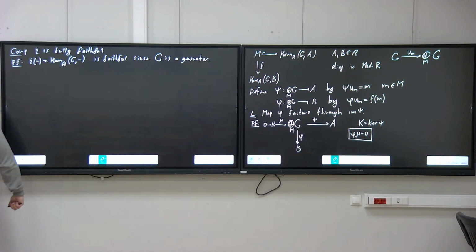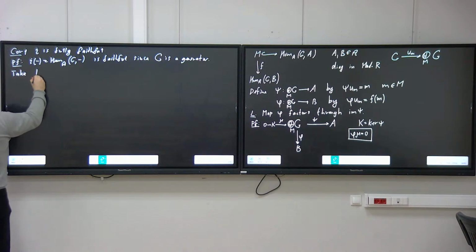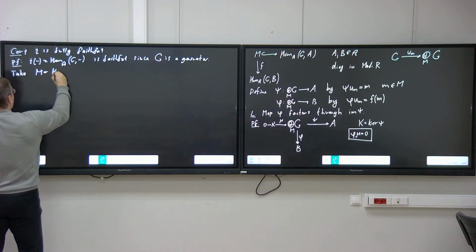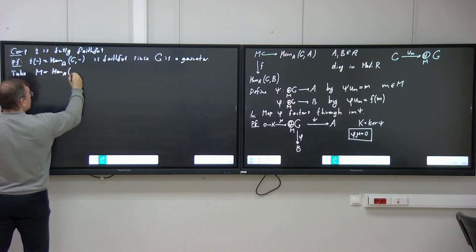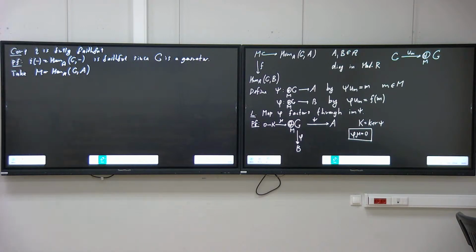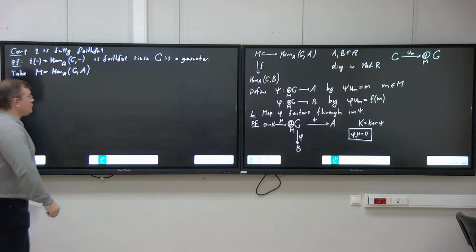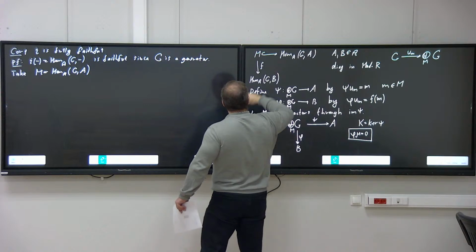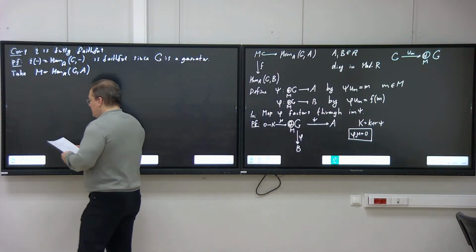So the non-trivial statement is now the fullness of this functor. Okay, so now in that diagram I want to take M to be just the whole Hom. So I'm still using the same diagram where there is some map F, but now just this horizontal map is just the identity.